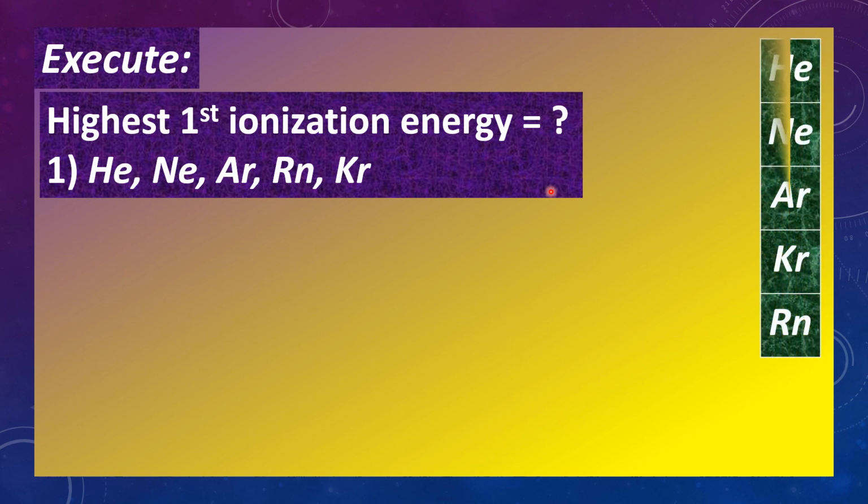So in the modern periodic table of elements, the noble gases are arranged in a vertical column, just like what is shown in this diagram. Helium is at the topmost position, and radon is at the bottom.